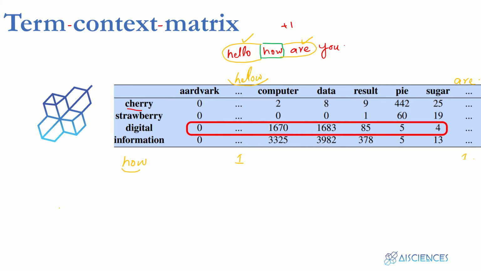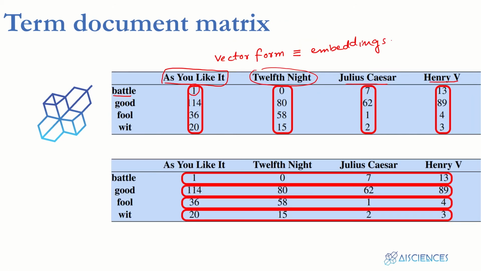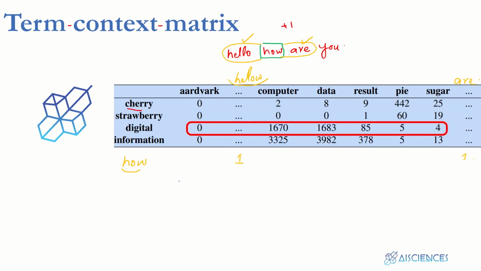One thing must be noticed: the term document matrix is normally your vocabulary by the total number of documents. Let me call it D, the total number of documents. So that's the size of the term document matrix. However, the term context matrix is your vocabulary times your vocabulary.